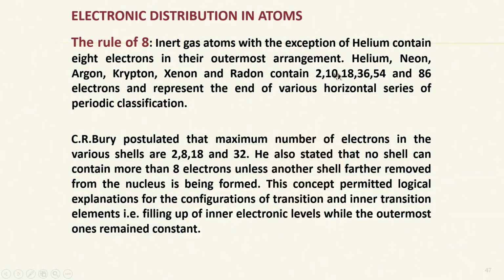So, whenever the rule of 8 is applied, that means when the electronic structure of an element or an ion or an atom or a free radical gains a structure similar to this with respect to the electrons present around it, if the total number works out to this range, it becomes neutral. So, it represents the end of various horizontal series in the periodic table as far as a neutral element is concerned.